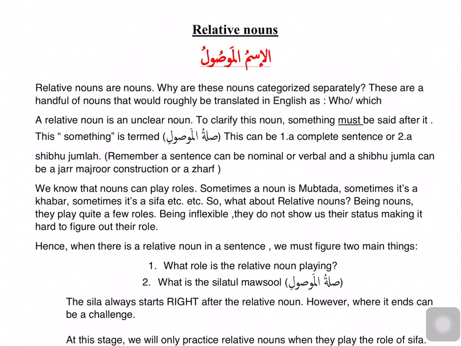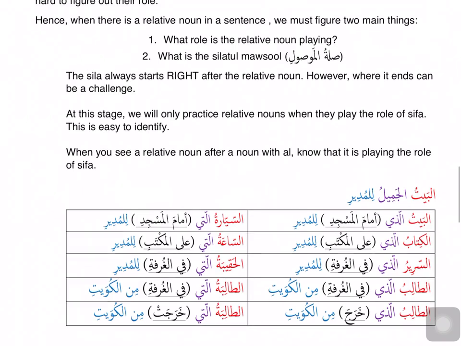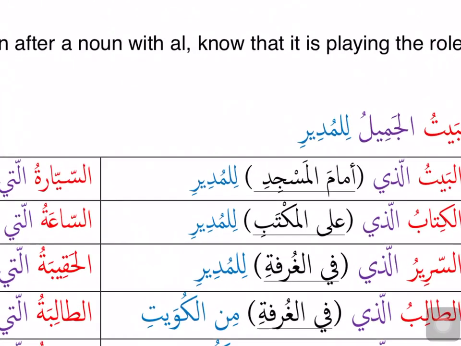Now the thing with the sila here is that it starts right after the ism mawsul, so that's not hard. But where it ends, you have to figure it out. You are the one who has to figure out where the sila ended and the rest of the sentence continued. If you don't do that properly, your translation may get messed up. So we will walk through this inshallah.